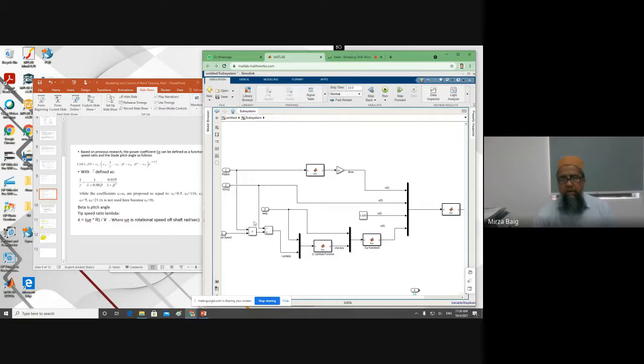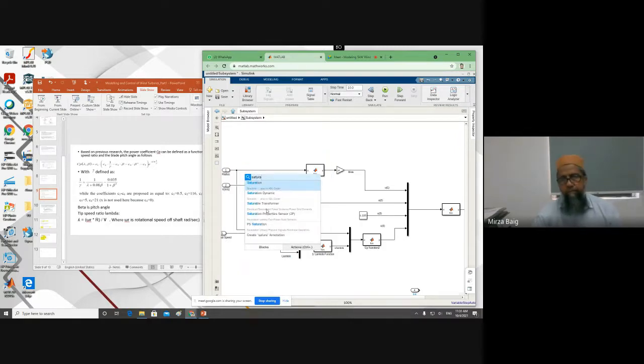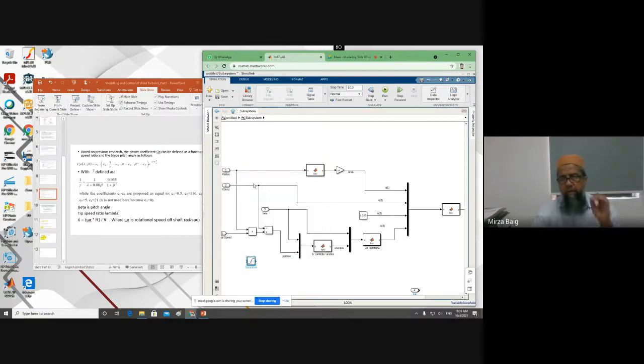Right. We need a saturation block. So we are dividing, and in case the divisor is so small, it will go to infinity. So we need a saturation block here, and we use it here.